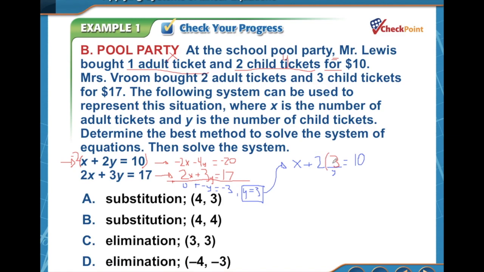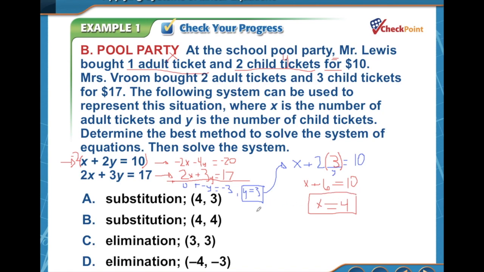These are being multiplied here. And now we can solve for x. So x plus 6 is 10. And we should be thinking now, what number plus 6 is going to be 10? Well, if we subtract both sides by 6, x has to be 4. And that's true because 4 plus 6 is 10.